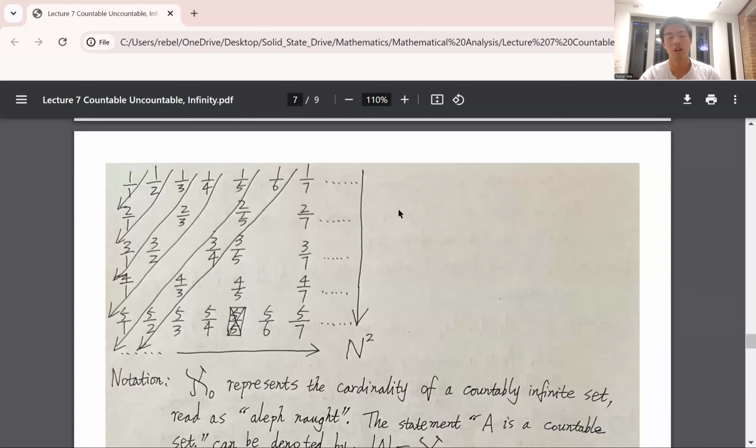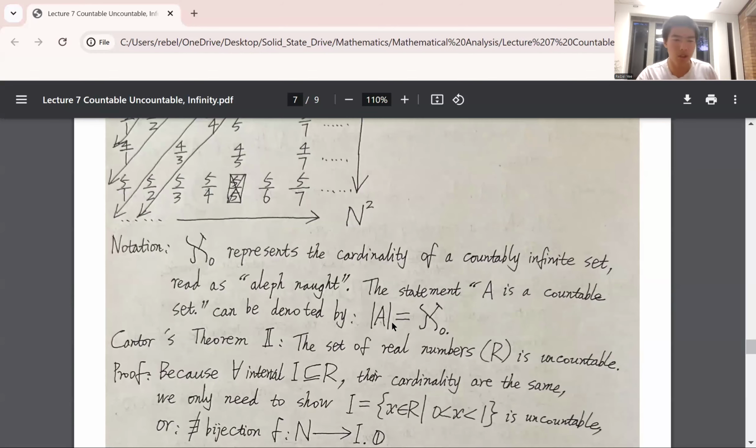This direction is one N, and this direction is another N. So it's just like N to the power of 2, which is N Cartesian product with N, which is countably infinite. And we bring about one new notation probably at the end. This notation represents the cardinality of a countably infinite set.